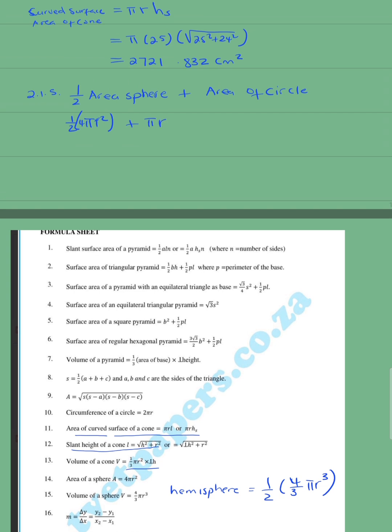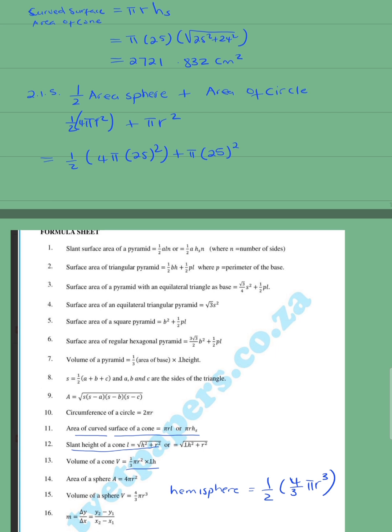So I'm going to have half of 4 pi, then r squared is 25 squared, plus pi, again the area of the circle is still 25 squared. I hope I'm making sense.